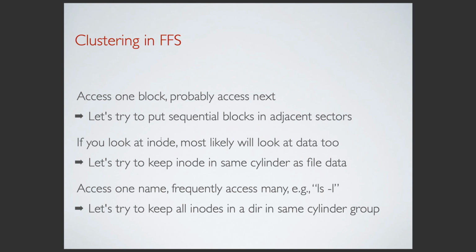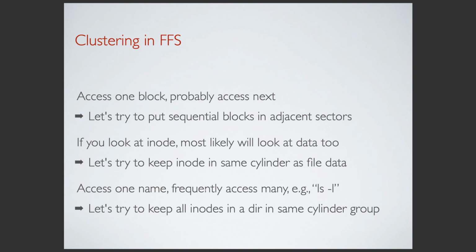So it would be good if the sector where you store the inode is also in the same group as the sectors where you store the data blocks. Also, when you are working with directories and you read files within a directory, chances are that you're going to read 2 files within that directory. So if they are again in the same group, you can access them a lot faster.